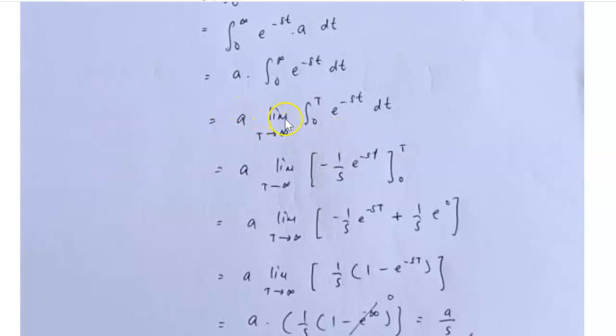So a lim t menuju infinity integration 0 to t e^(-st) dt. Then integrate e^(-st), kita akan dapat negative 1 per s e^(-st), from 0 until t.